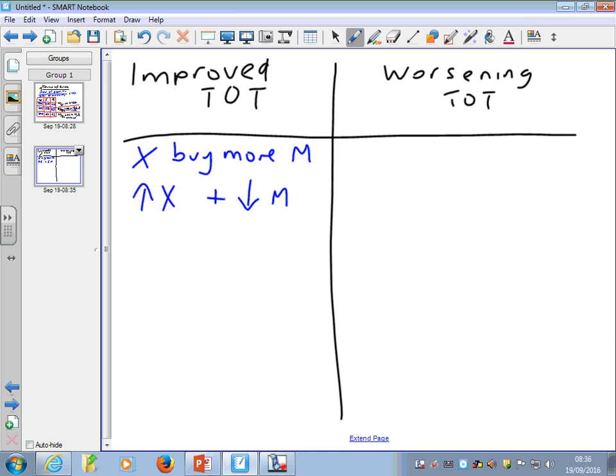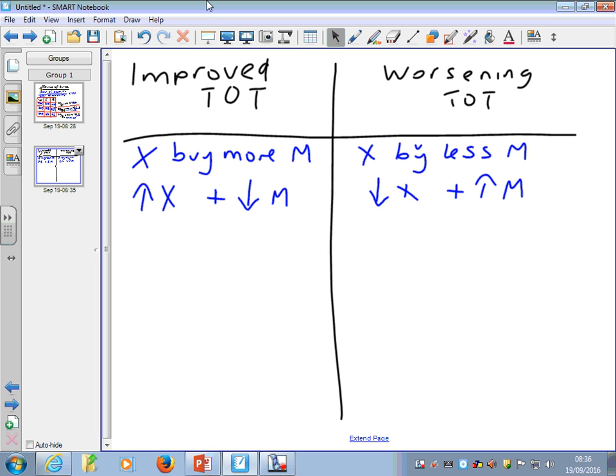If you get a worsening in terms of trade, it means that your exports will buy less imports, which is another way of saying your exports now carry less value across the world, and your imports are in effect more expensive to buy.